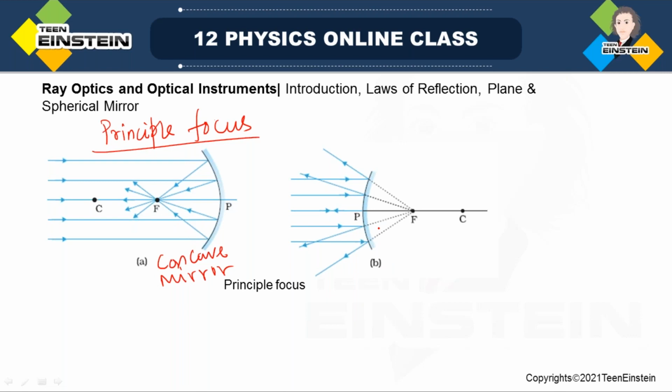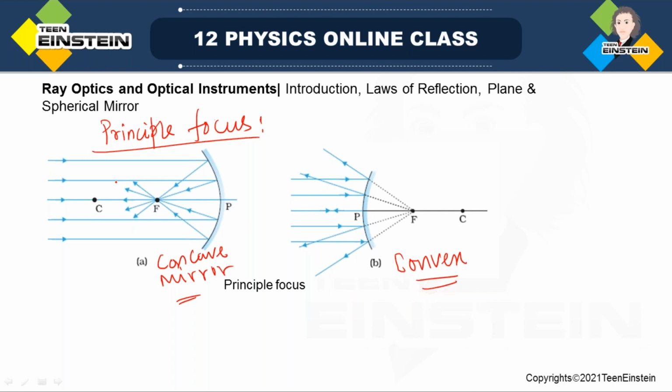If I use the bulged or outer part, this is a convex mirror. So whenever I ask what is principal focus, you have to draw these two figures and define the principal focus for both the mirrors.